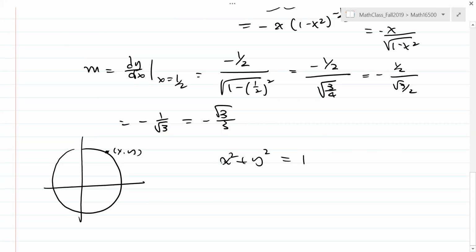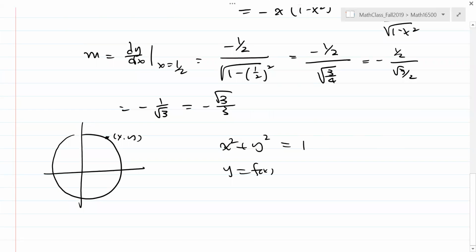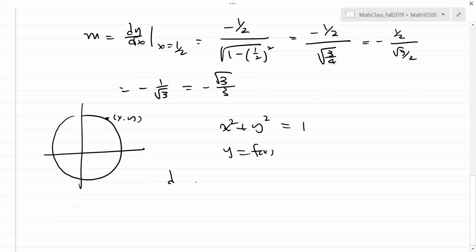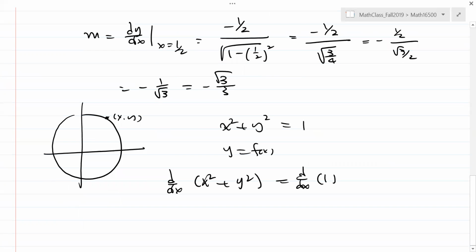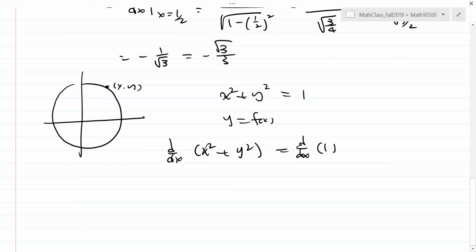Okay, so in your mind, you don't need to say that. You can say that y equals a function of x. I don't need to know the exact formula for that. Okay, then you differentiate both sides with respect to x. Okay, x and y are related, but y is a function of x, and actually you can find it, right?